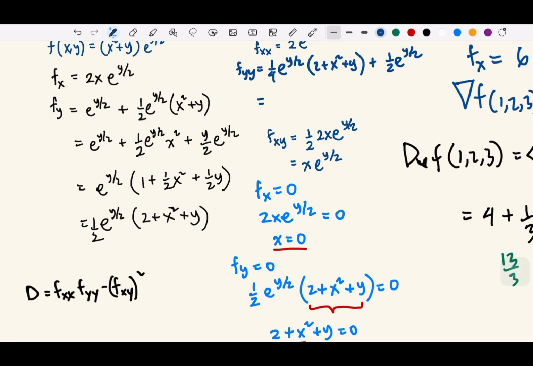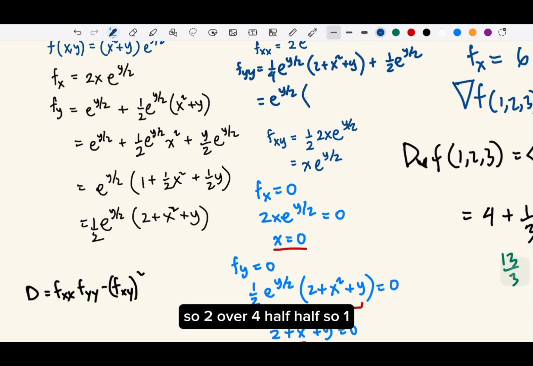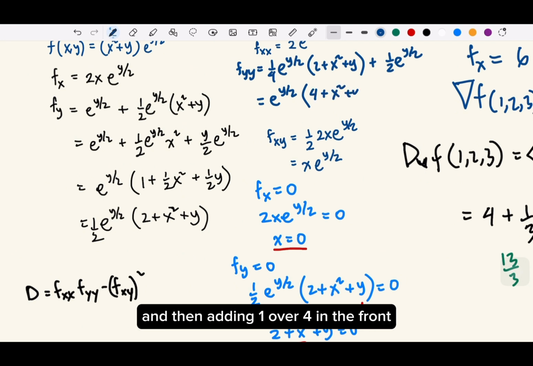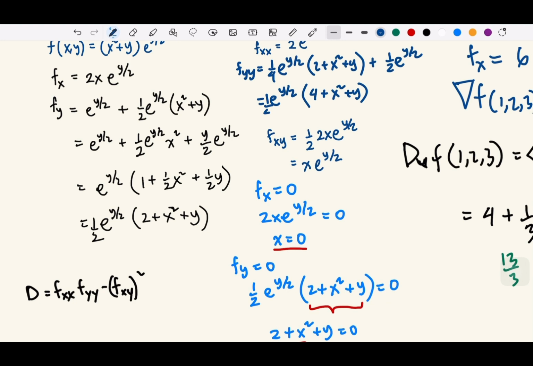This will be e^(y/2), so 2 over 4, half, so 1. Because all will be over 4, I will write 4 plus x squared plus y, and adding 1 over 4 in the front.